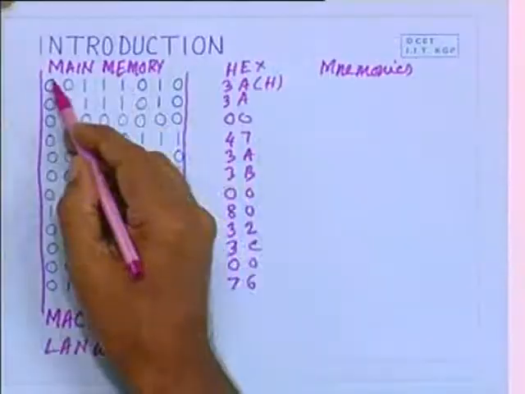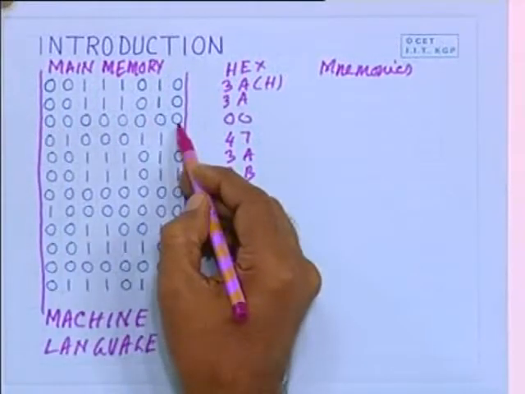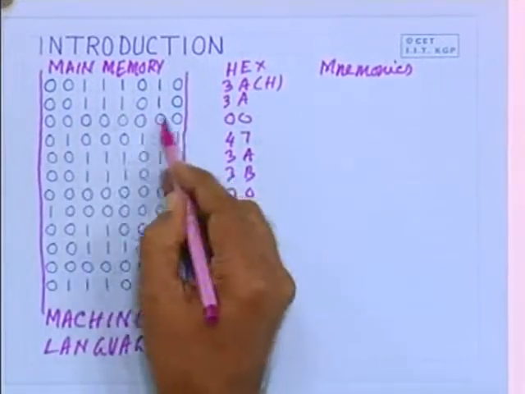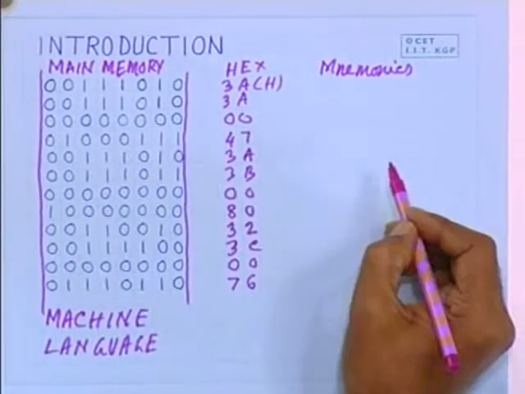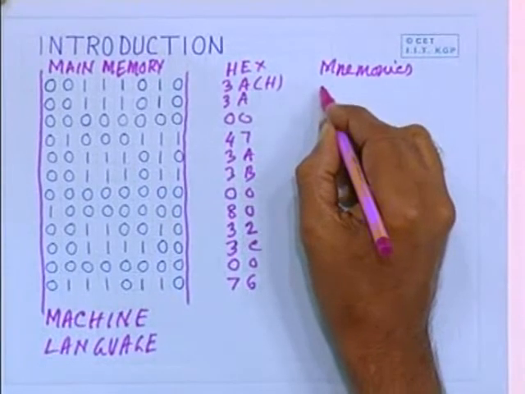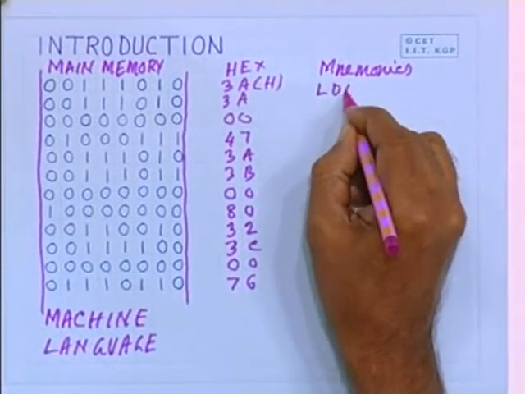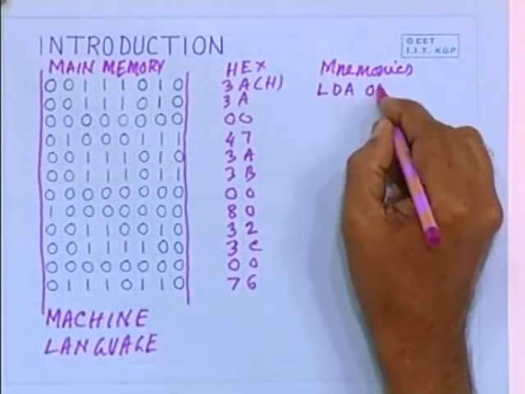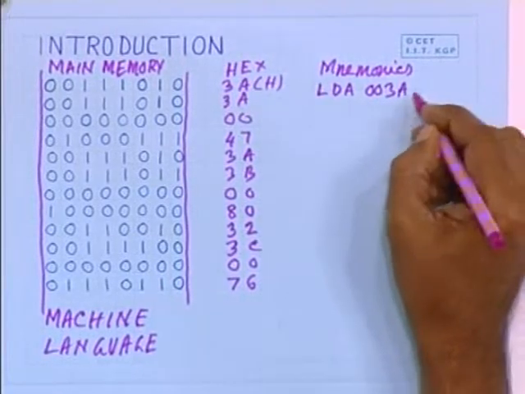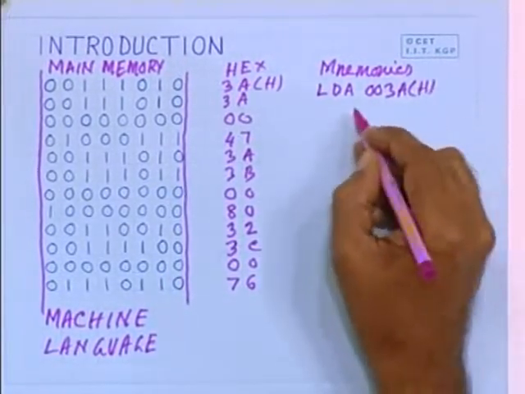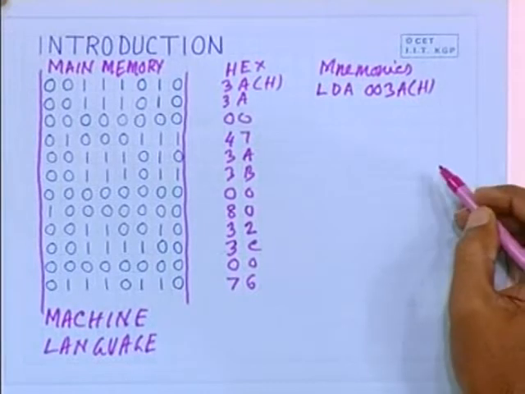For example, these 3 bytes 3A, 3A and 00 represent an instruction LDA 003A, and this is the address. What does it do?